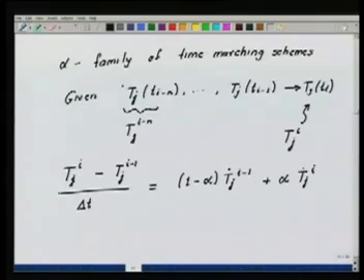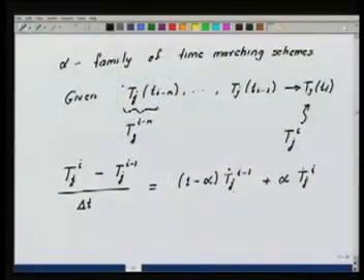So, if I am given the solution at time I minus 1 and its temporal derivative at time I minus 1, then I can construct the derivative at time I in terms of the unknown value of this coefficient at time I and the values at time I minus 1 and the derivative at I minus 1. This is the alpha family of temporal approximations.